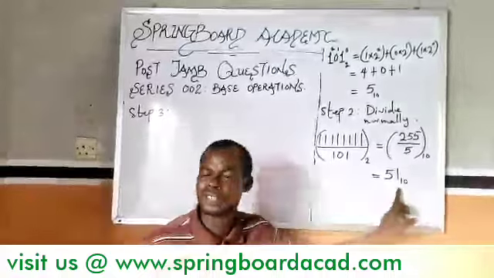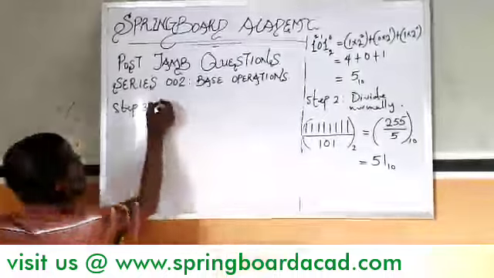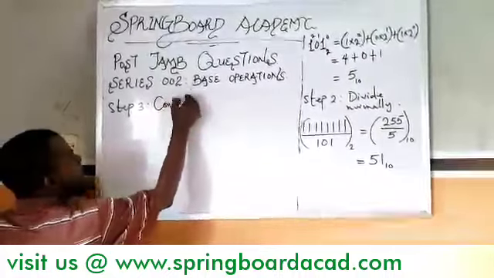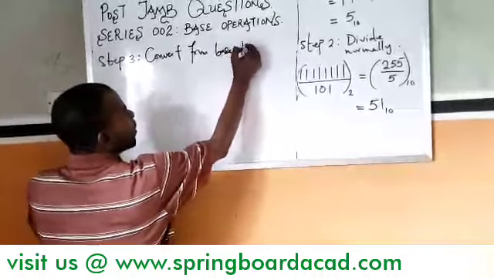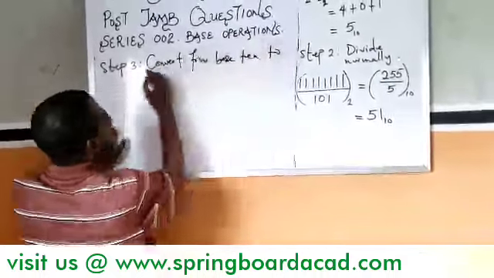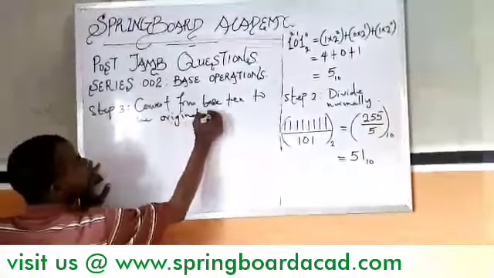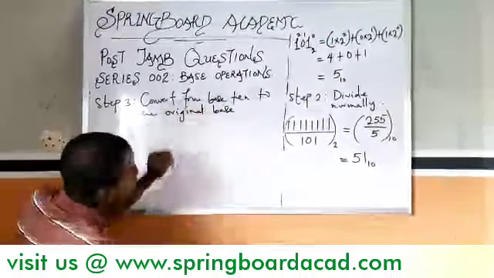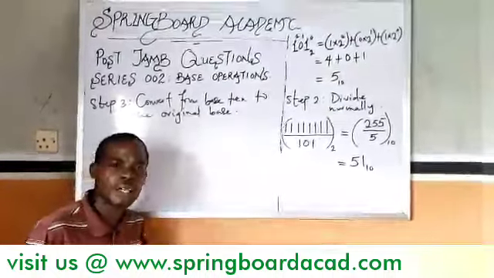Now we have a result in base 10. What do we do with this? We now have to convert from base 10 to the original base. The original base. And in this particular case, on this question, the original base is 2.